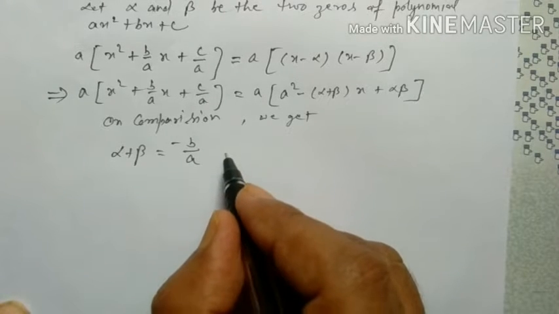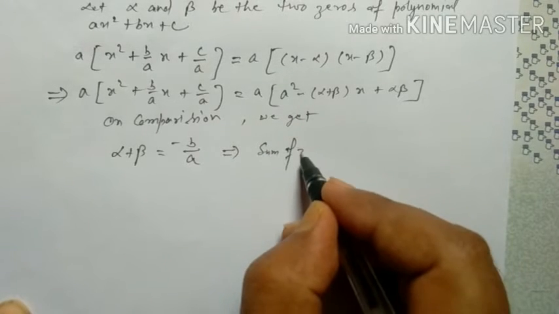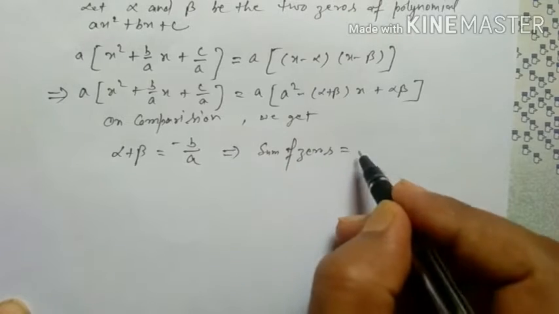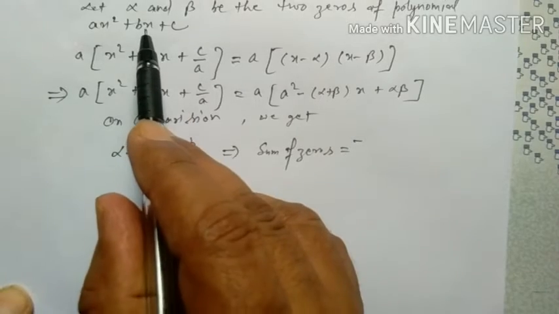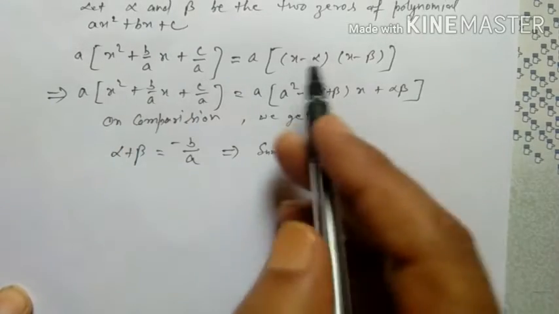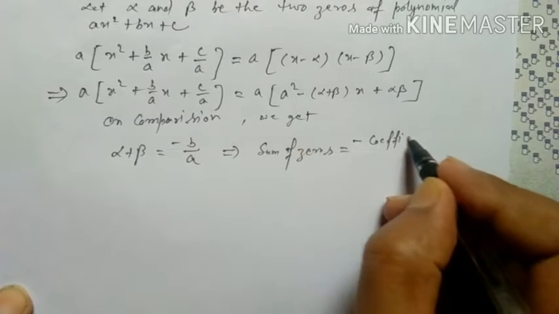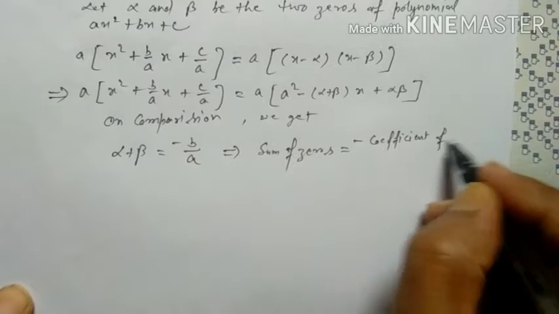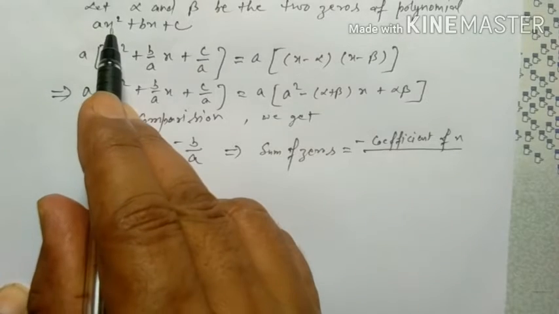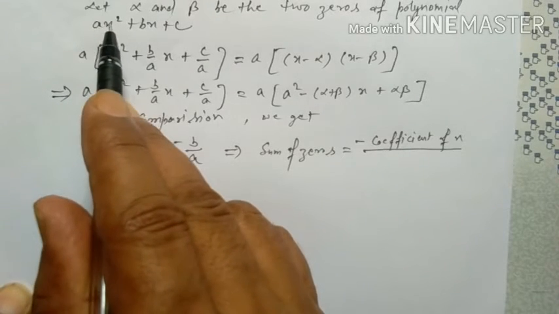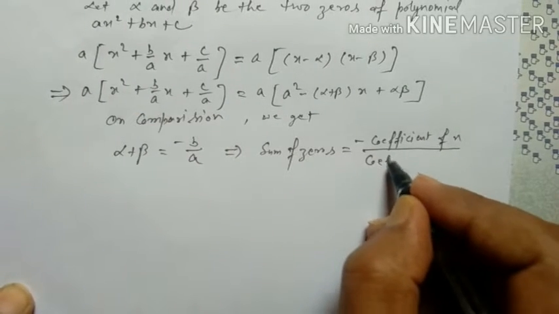This implies sum of zeros equals minus b, the coefficient of x, upon a, the coefficient of x square.